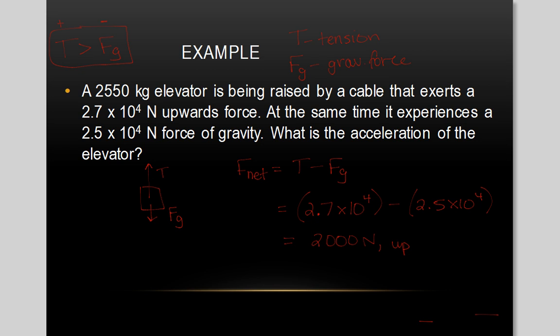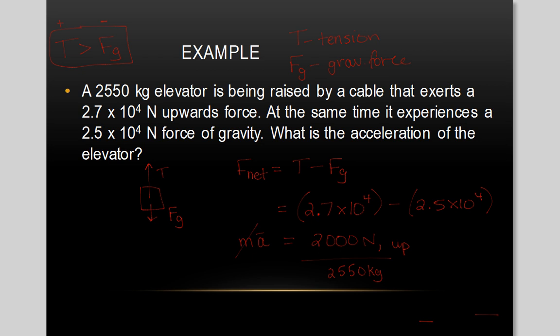What is the acceleration of the elevator? So on the right side of the equation, you have the sum of all forces. On the left side of the equation, you have ma. To get a, all you have to do is divide out the mass, which is 2550.